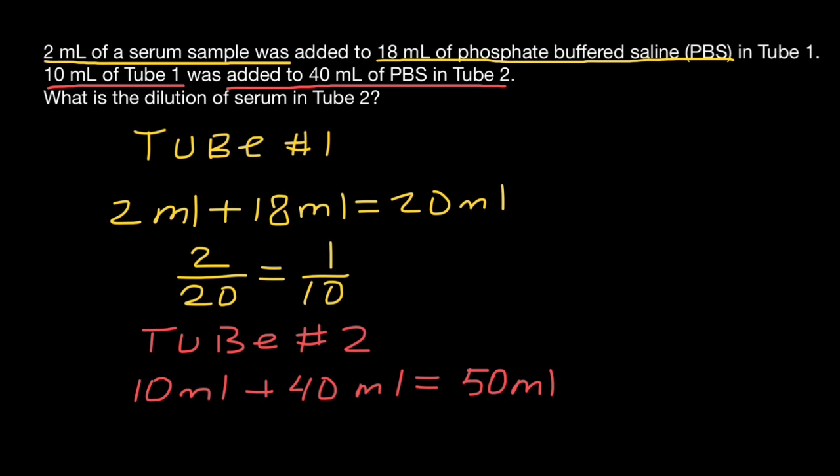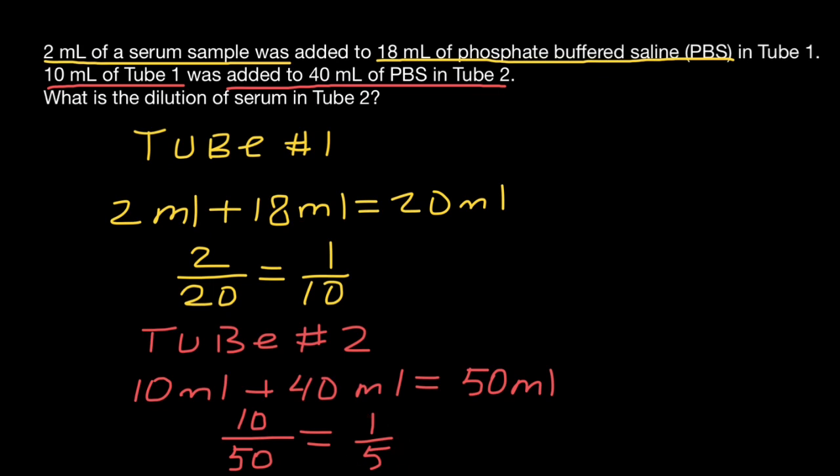And the dilution is going to be 10 initial milliliters divided by the total amount, which is 50 milliliters. So we are going to get 1/5 here. So we diluted here 5 folds.